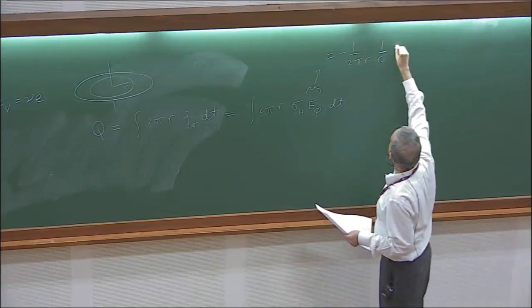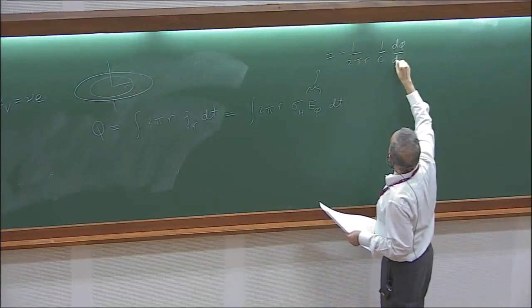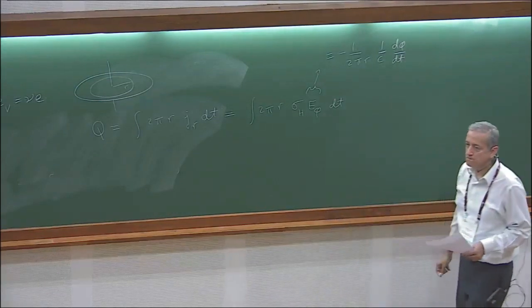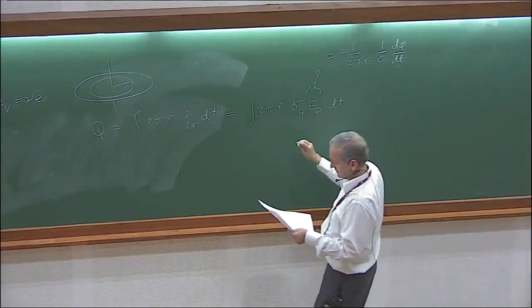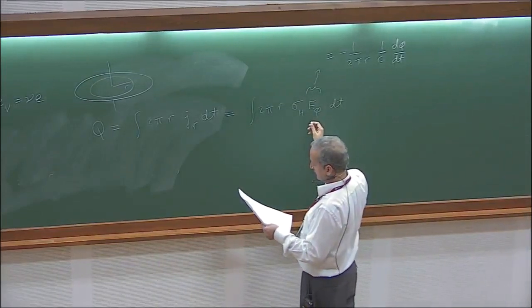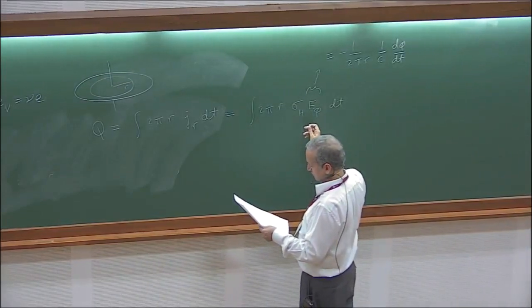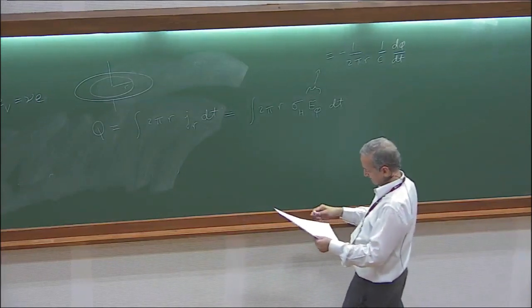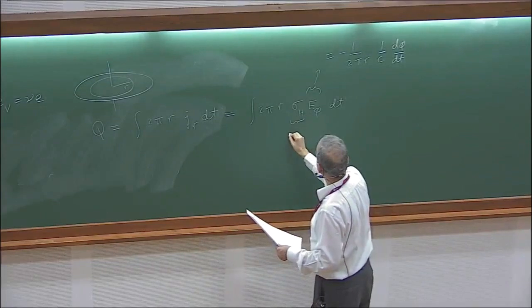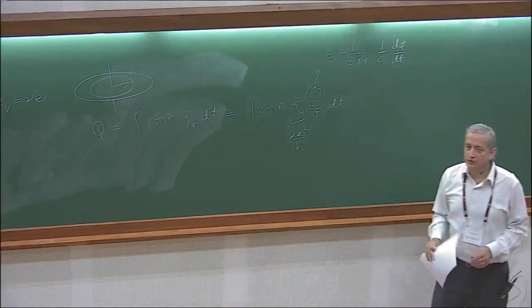So you put this for E phi, and for Hall conductance, I say it's nu e squared over h. So nu is some fraction like 2/5 or one of these incompressible fractions.